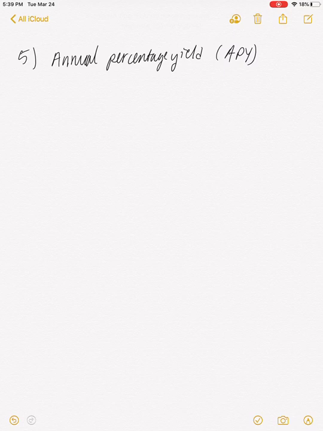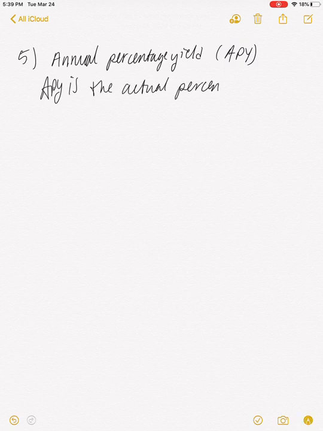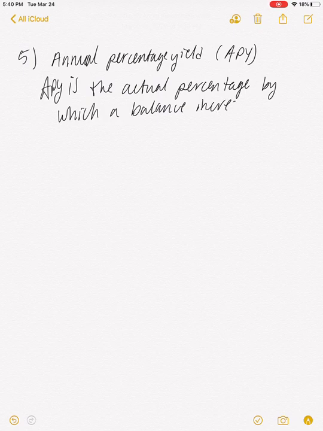So APY is the actual percentage by which a balance increases in 1 year.